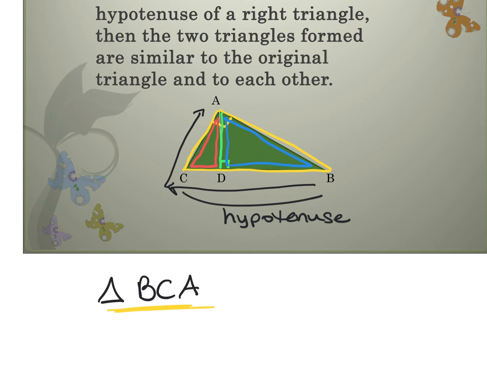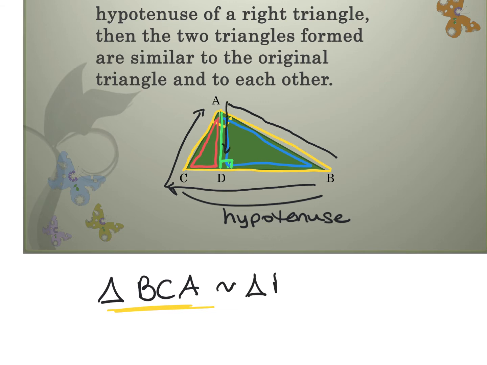Now I'm going to go to the medium-sized one, the blue one. So from here, here's the right angle on the blue one. It's right here. So my hypotenuse of the blue one is going to be the BA. So I'm going up the hypotenuse of that blue triangle and then down to its right angle.